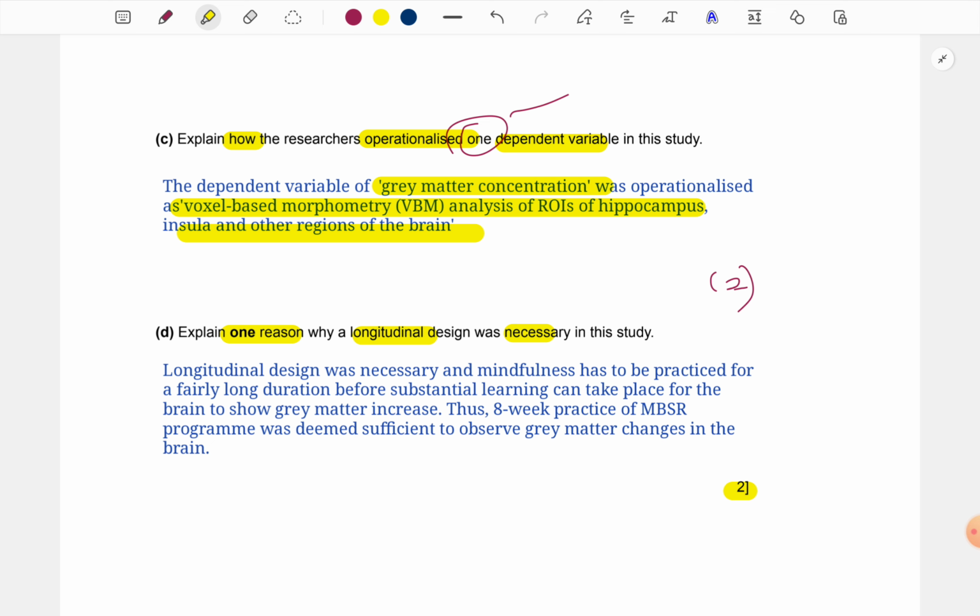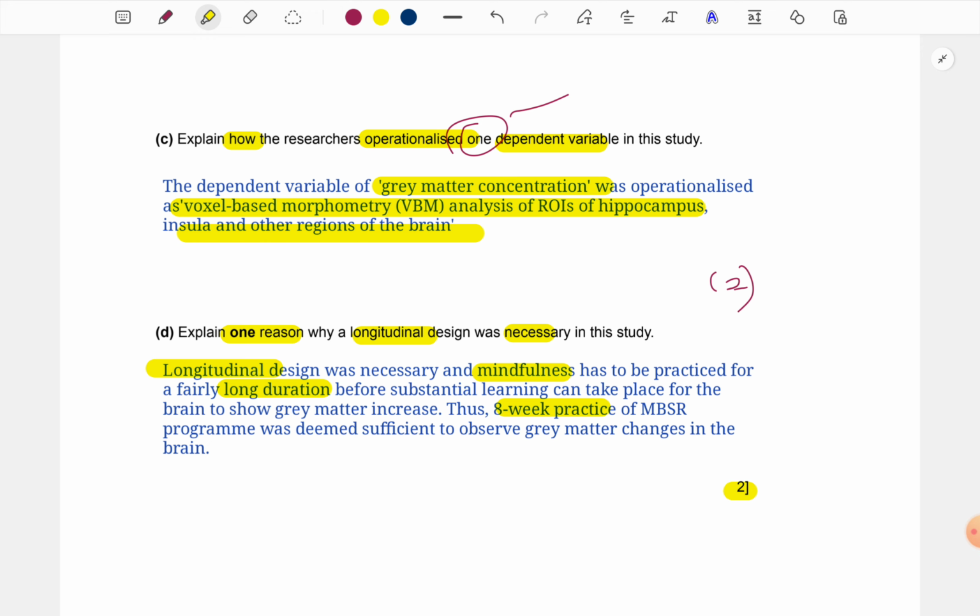Means you just have to contextualize it to Holzel et al. Longitudinal design was necessary because MBSR has to be practiced for a long duration, like 8 weeks. Then only any gray matter increase will be there. It won't be seen in the short term, like within few minutes or hours, people's brain is not going to increase by doing a little mindfulness. So that is the justification or reason for doing longitudinal study.